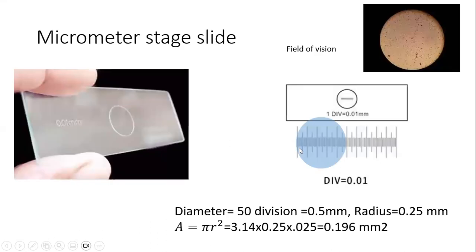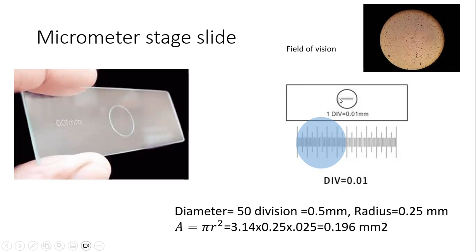Okay, so the next method that we are going to discuss here is measurement using a micrometer stage slide. So what is a micrometer stage slide? It has divisions on it, and if you observe it by eye, you will be able to see some markings on the slide like these. Under the microscope, you'll see that there are actually 100 divisions within this marked area.